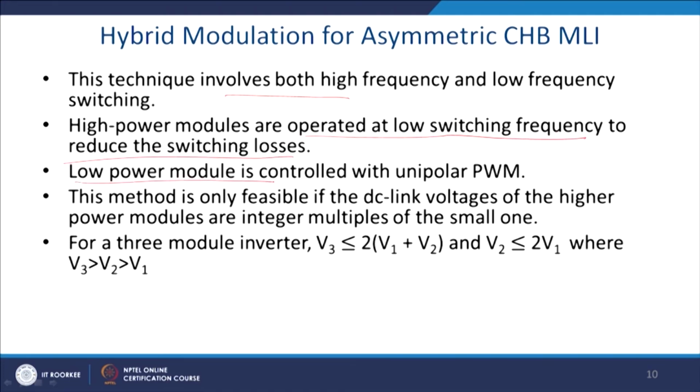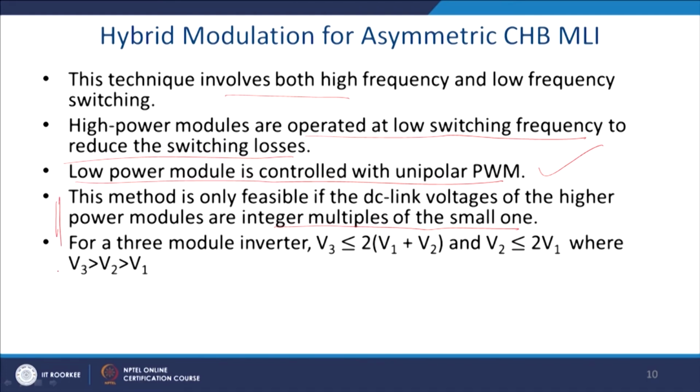Low power modules are controlled with the unipolar PWM, and this method is only feasible if the DC voltages of the carrier wave and the modulating wave are integral multiples of some small one, then only this is feasible.